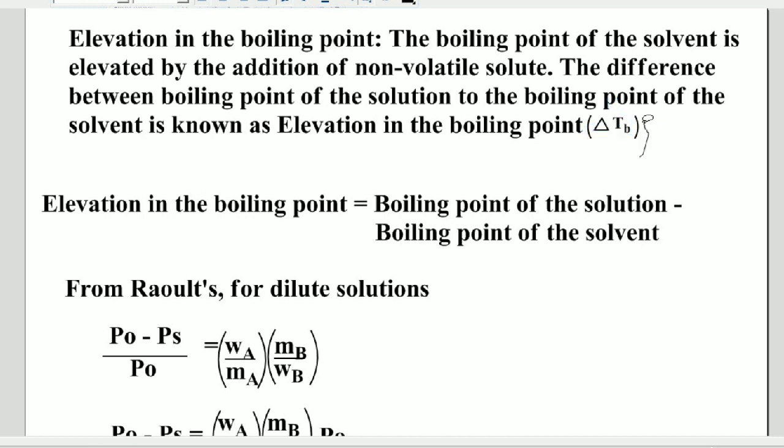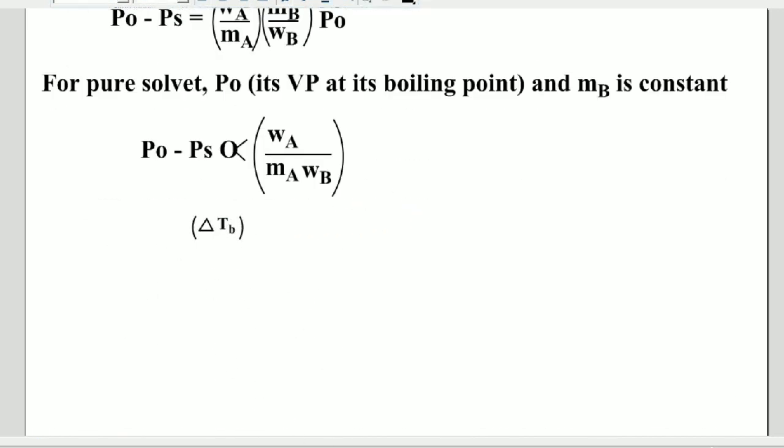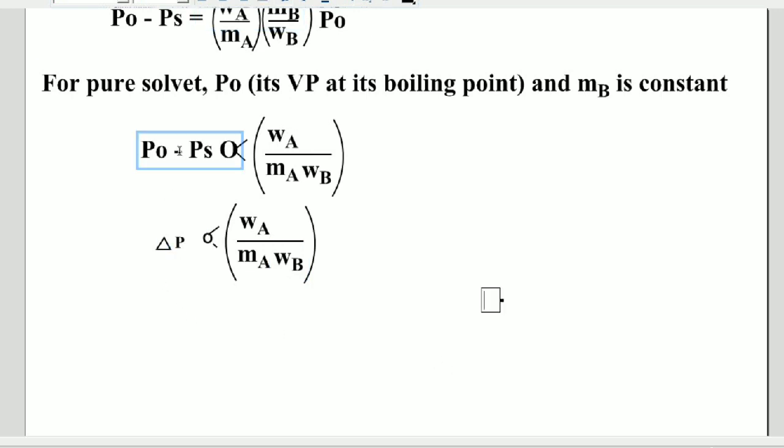This should be denoted like this: delta P. So delta P, the lowering in the vapor pressure, is proportional to WA by MA into WB.